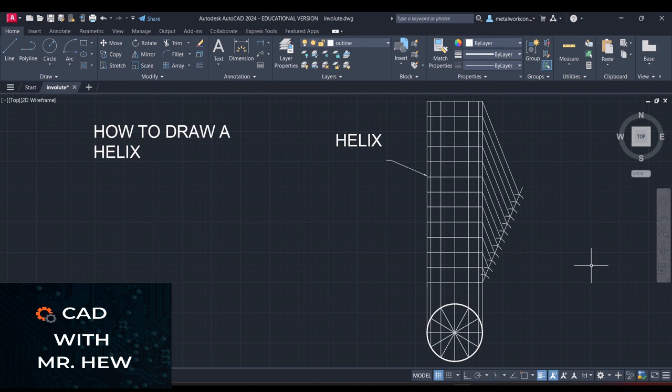And what we're going to do now, we're going to plot the helix now. Okay, having plotted the points from the plan and having divided the height of the cylinder, the helix, into 12 equal parts, we're going to plot the points now.